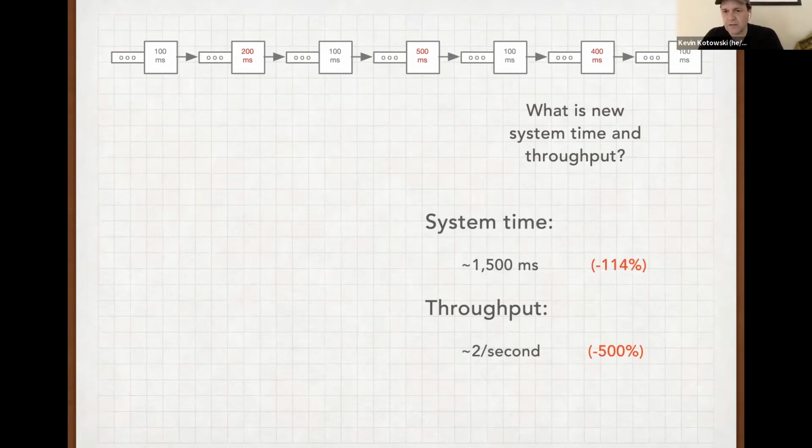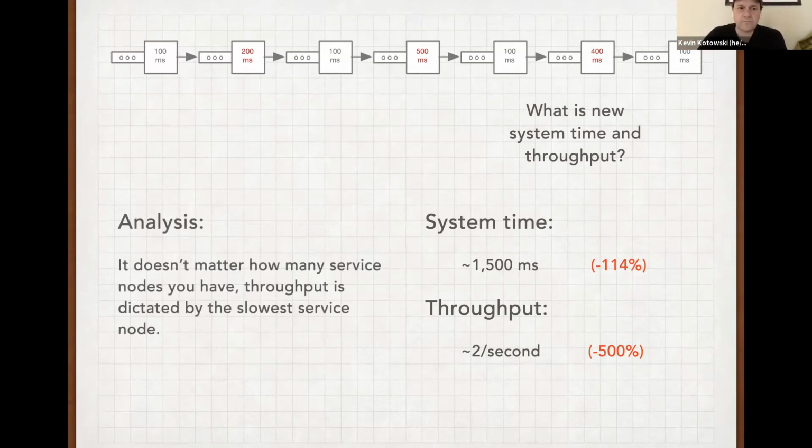You are correct. So what we're going to do is, because each customer has to go through each one, if you do the math, it ends up being 1,500. And the throughput now, the throughput is always dictated by the slowest service node.